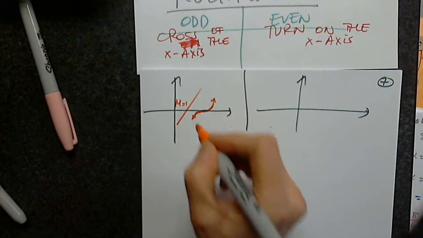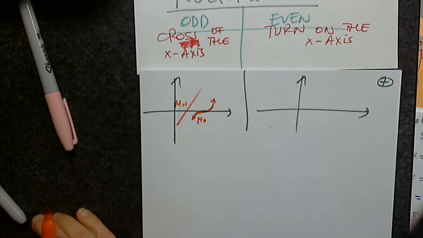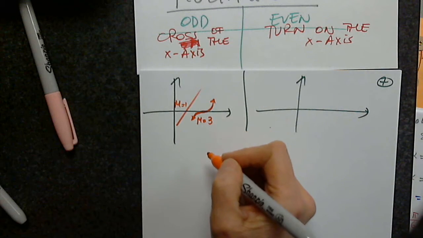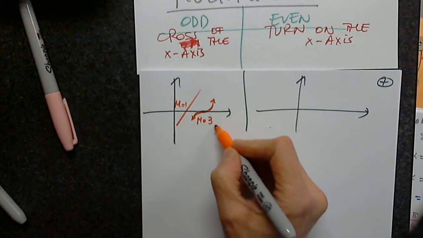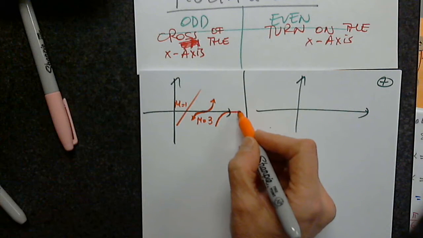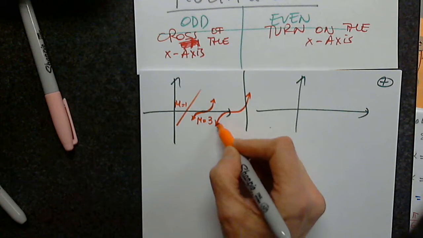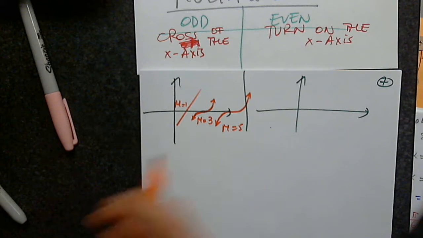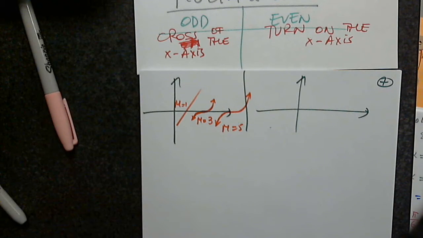So the multiplicity here is 1. What is the multiplicity here? More than 3. Exactly. What about here? Very good. That's the idea, because it's flatter than this. It takes even longer. There is only one cross, but it takes even longer.